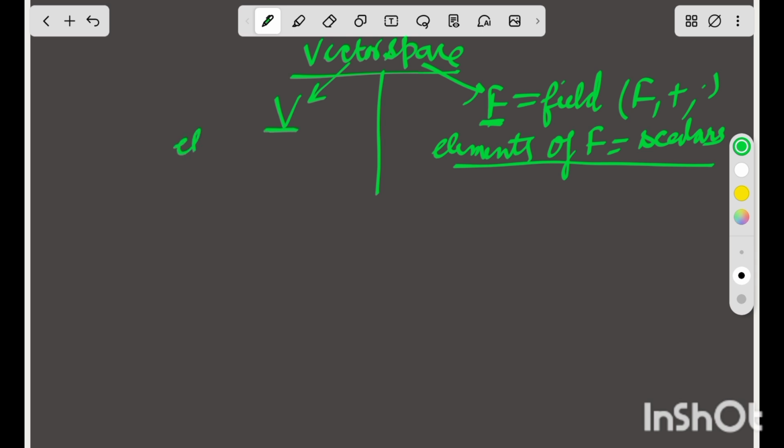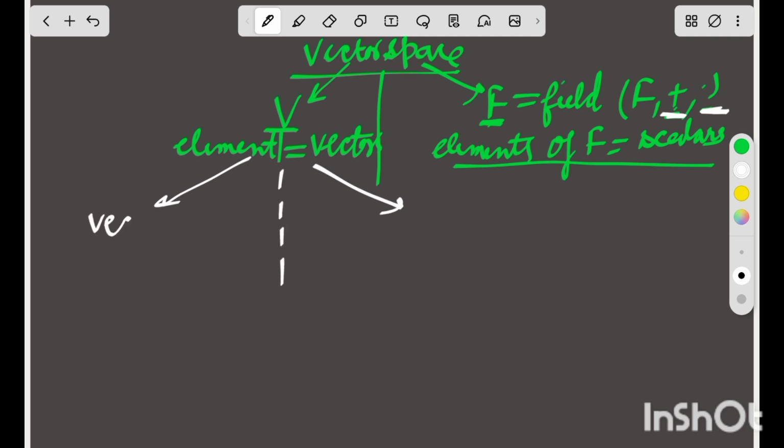The elements of V are called vectors. Just like in case of a field, we give names to the binary operations as addition and multiplication, in a similar way we give names to the binary operations as vector addition, which is denoted by addition, and the second is scalar multiplication.